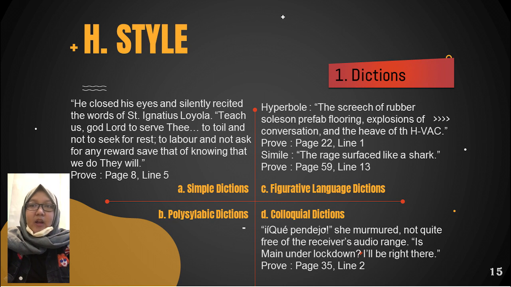First diction. Hyperbole. The secrets of rubber solutions prevent flurrying explosions of conversation. Proof, page 22, line 1. Simile. The red surface like a shark. Proof, page 59, line 13.